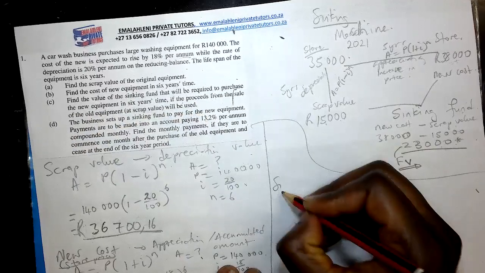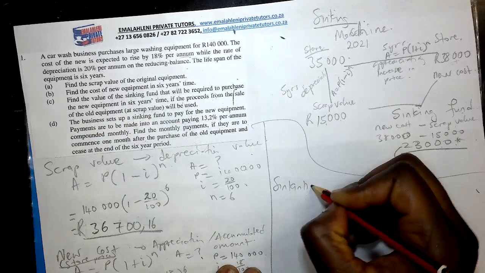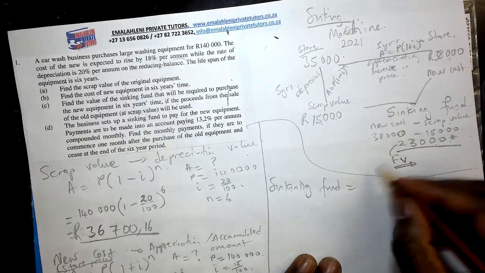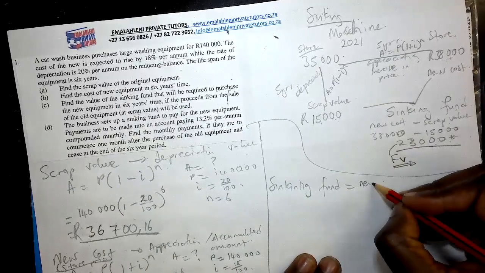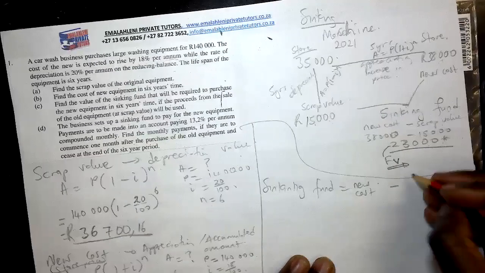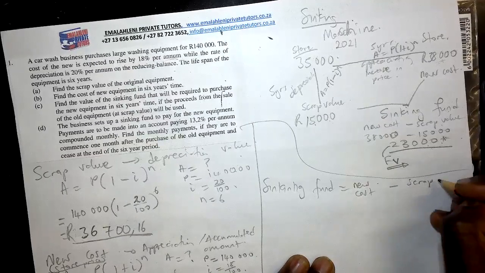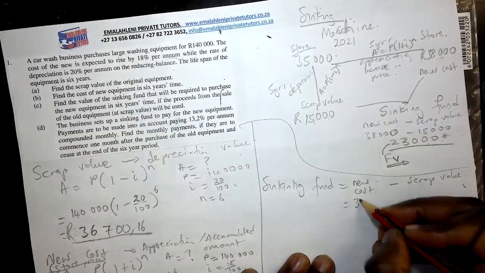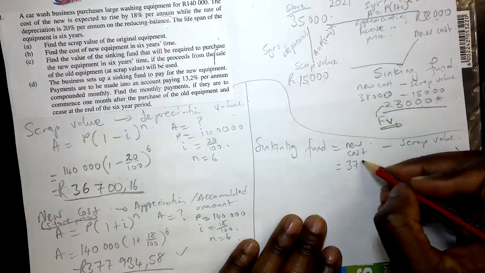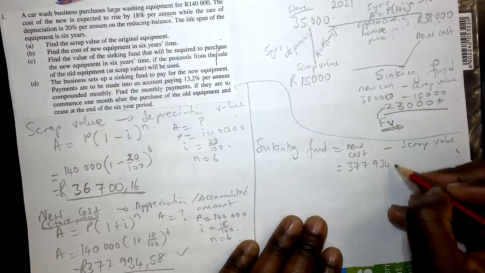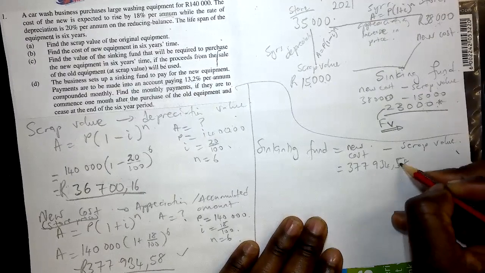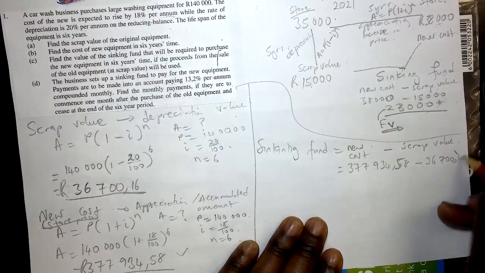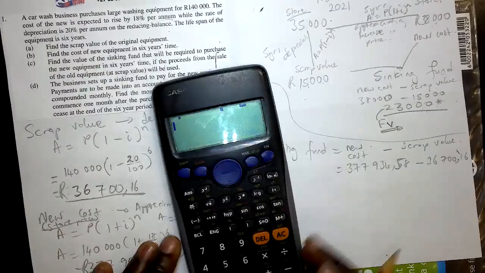Sinking fund will be equals to the cost, new cost, new cost minus scrap value, which is going to be equals to 377,934.58 minus 36,700.16.